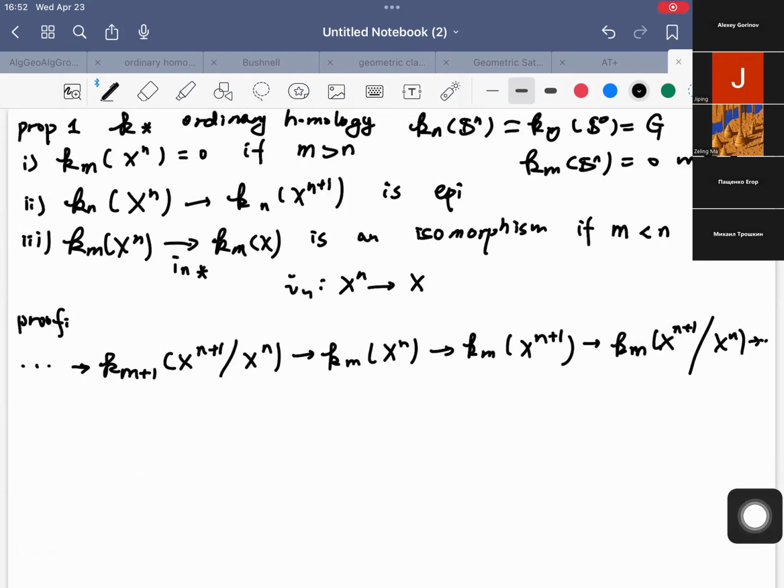So from the first lemma, we can see that if i is not equal to n and i is not equal to n+1, I need to give a notation here.